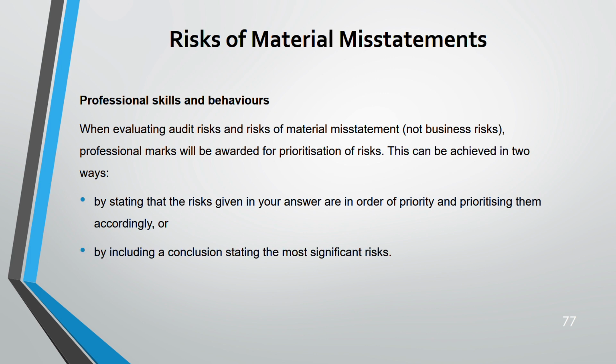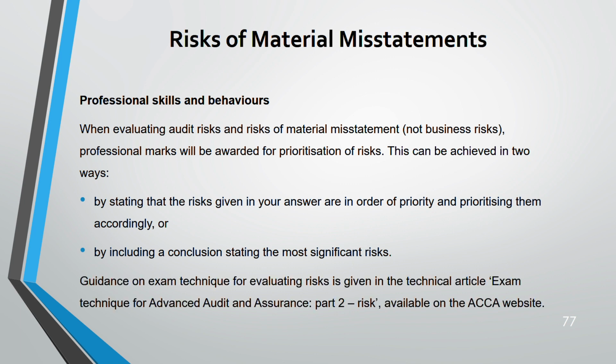Or you give a conclusion including the most significant risk. On the ACCA website, go to AAA and go to the technical articles and read this. Under exam technique for AAA, part 2 risk, please go and check. This gives you the exam technique for evaluating risk.